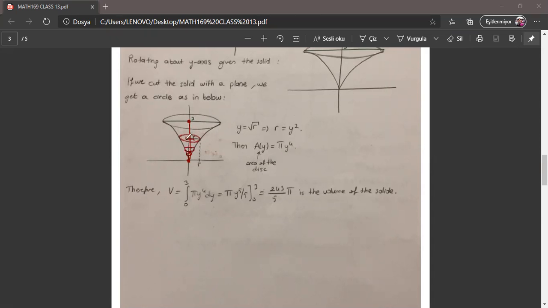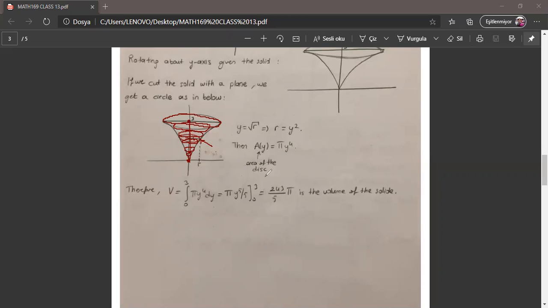The circle ranges from 0 to 3, right? This was only one circle, in terms of y. When y gets bigger values, this will get bigger, right?